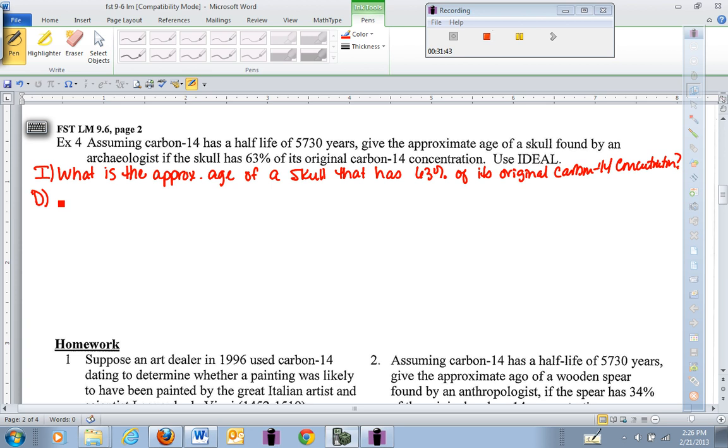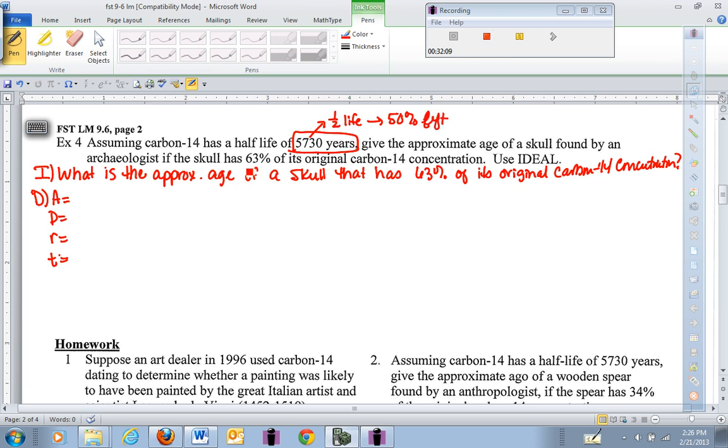Okay, now I'm going to start with this, because we always start with this, and then I want to talk to you about how this problem is different than the other problems that we've been doing. In this case, this amount of time is the half-life, which goes with 50% left.